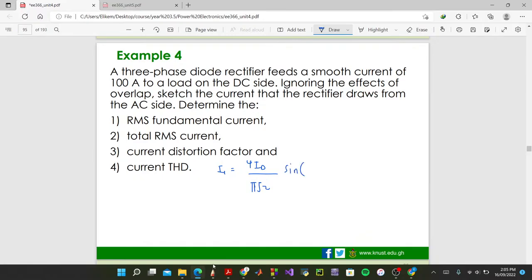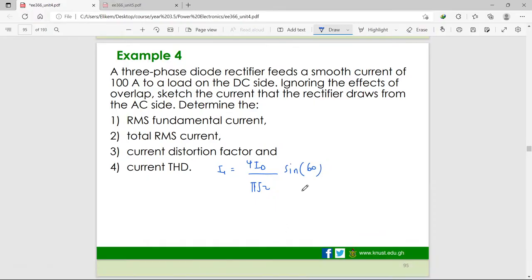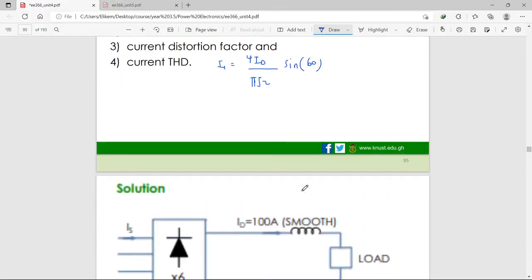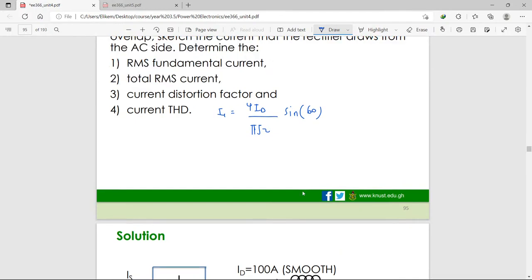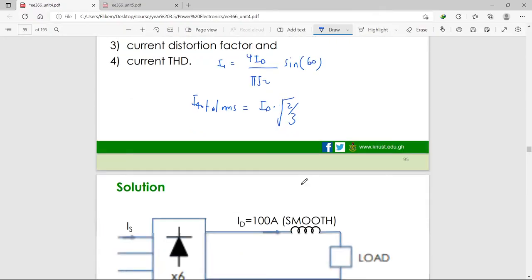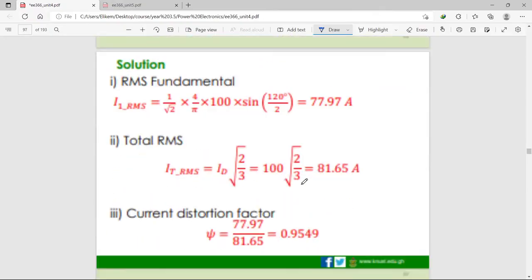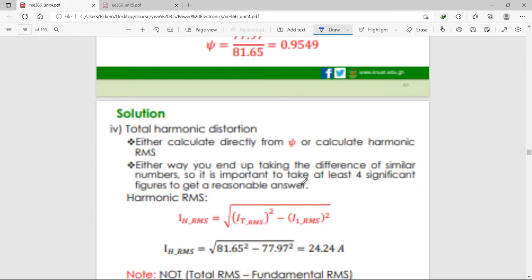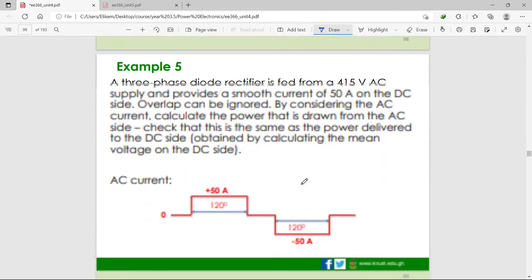Then the total RMS current is given by I total RMS equal to, for three phase, ID times the square root of 2 over 3. So we use that. Then find the distortion factor and your total harmonic distortion.